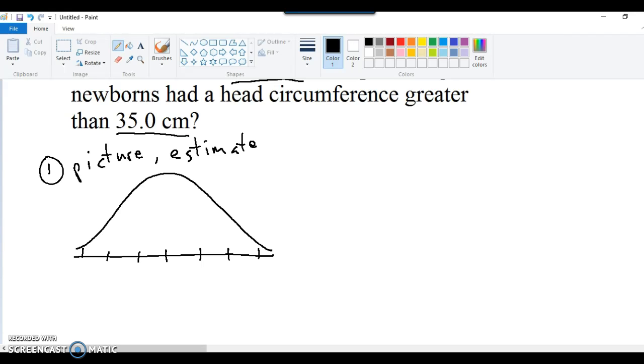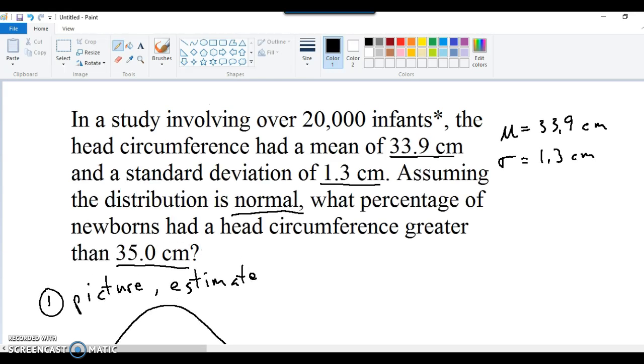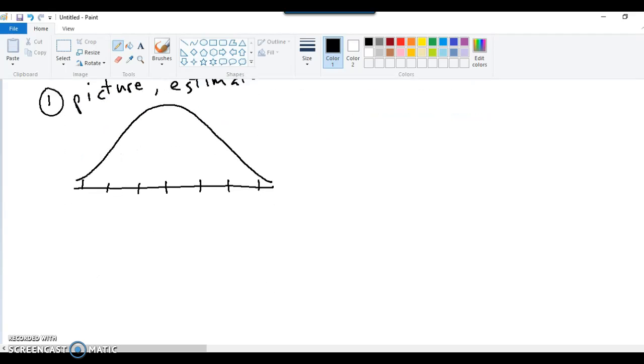All right, and so the mean, once again, is 33.9. Let me write it sideways so I can fit the numbers in better. So go up 1 standard deviation. That would bring us to 35.2 centimeters. Plus another 1.3 would be 36.5. Is that right?